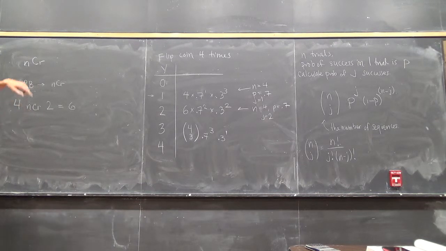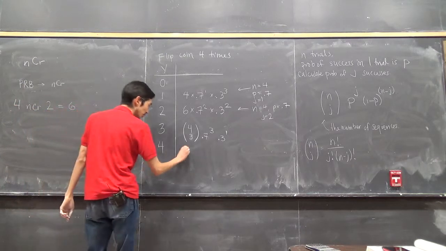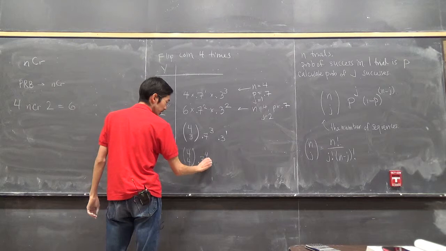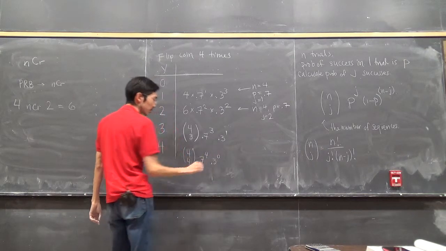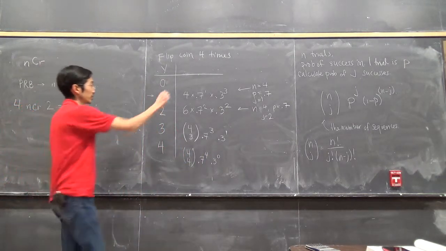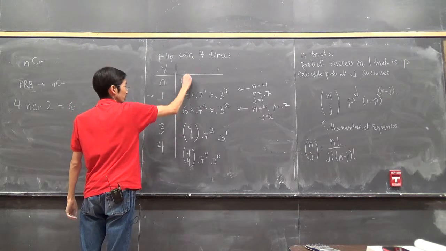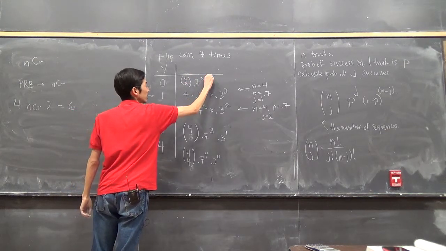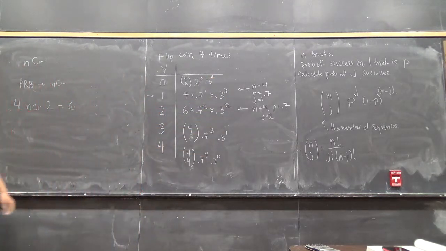And we can apply it to these other situations as well. 4 choose 4, 0.7 to the 4, 0.3 to the 0. And here we would have 4 choose 0, 0.7 to the 0, 0.3 to the 4. Just filling in the rest of our probability tree, or probability table.